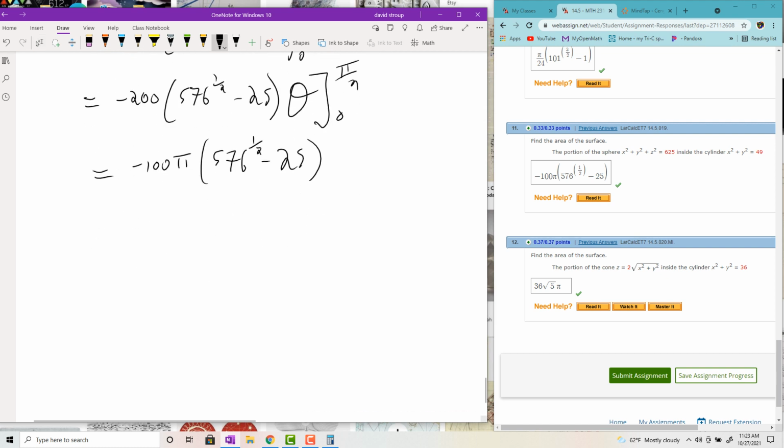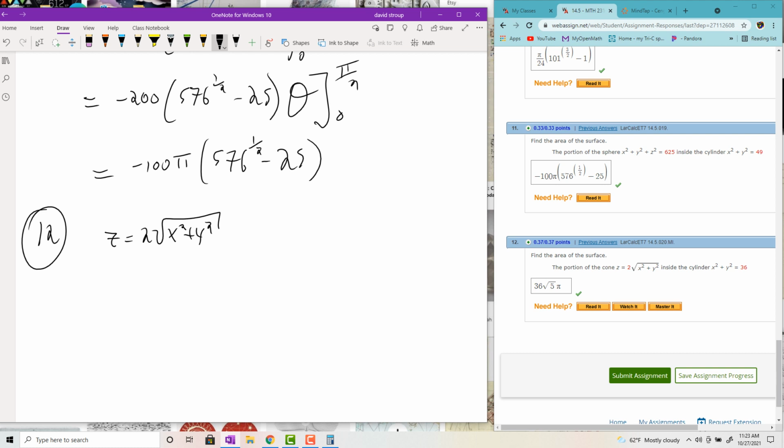That last one, again, it's a good idea to figure out what it is you're looking at. I'll do this one last one and cut it. So we have this cone, z equals 2 times the square root of x squared plus y squared, and we want to know the surface area of that cone inside the cylinder.